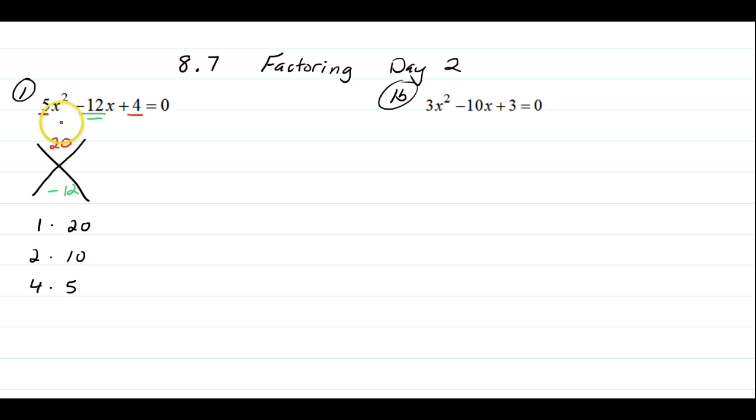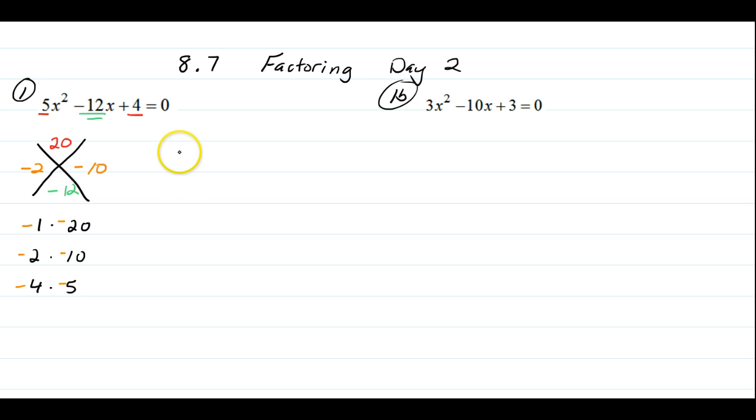So since my numbers that multiply are positive and the number has to be negative to add together, that means both sets of numbers have to be negative. So now I need to see what numbers are going to add to negative 12. And so that would be negative 2 and negative 10, because negative 2 times negative 10 is positive 20, and negative 2 plus negative 10 is negative 12.